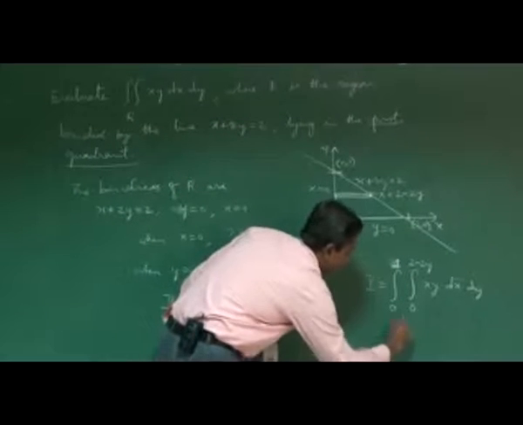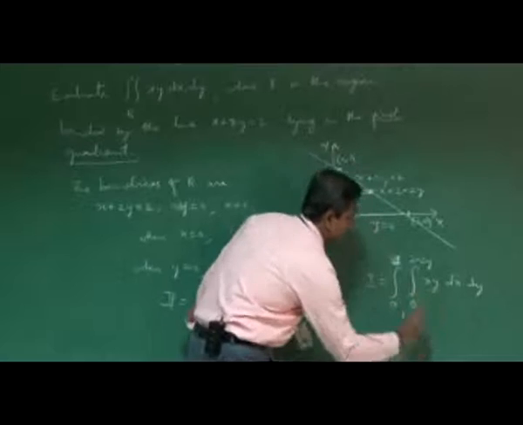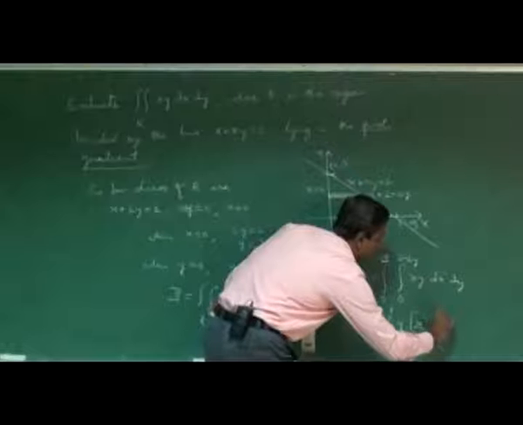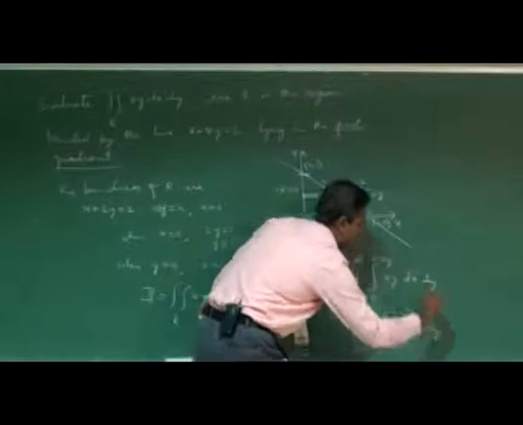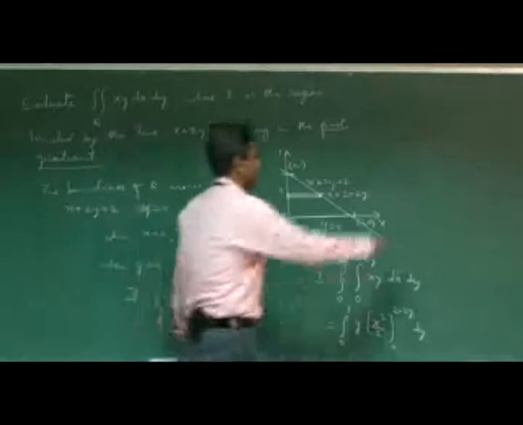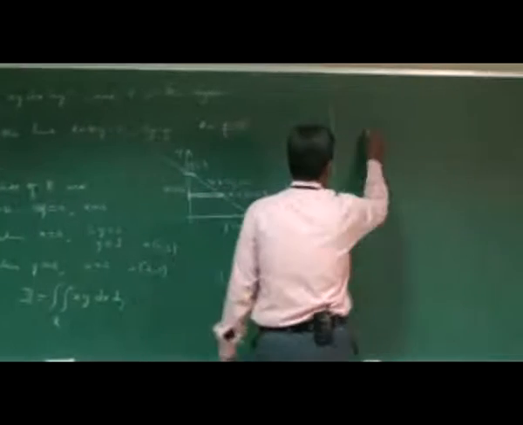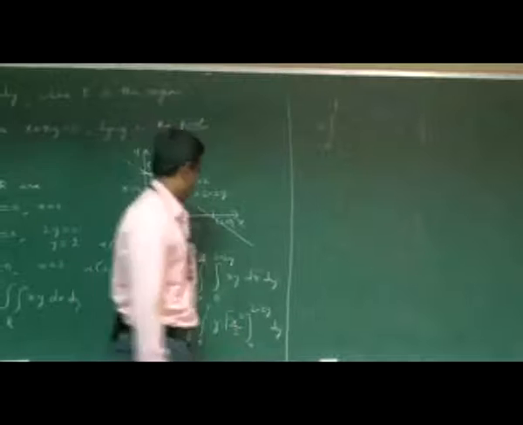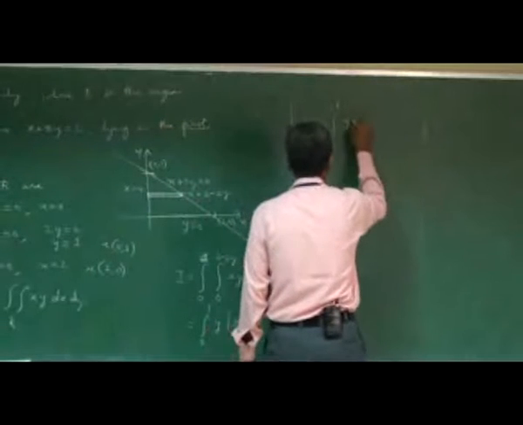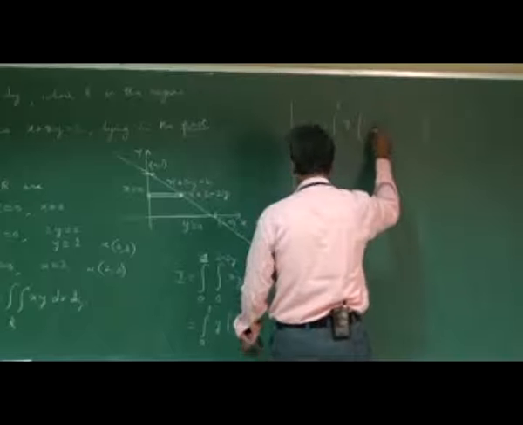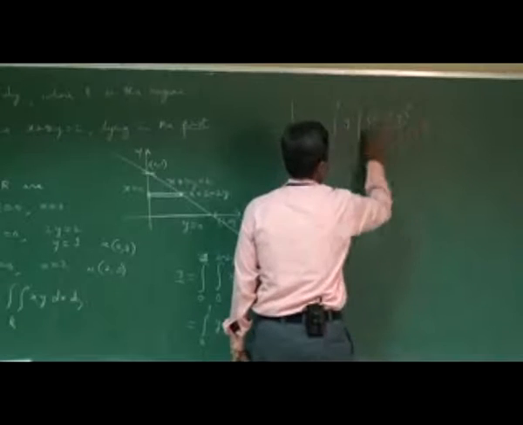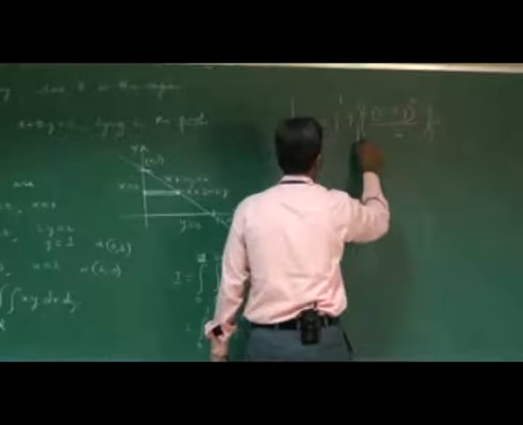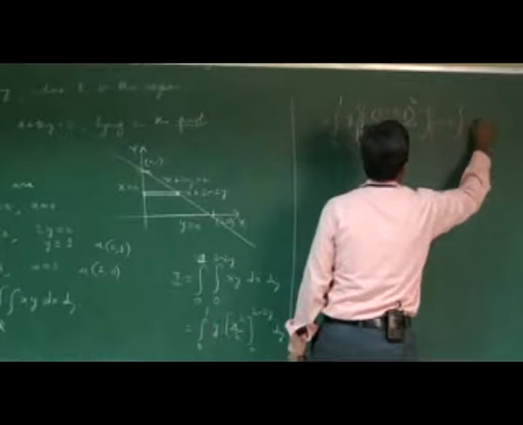Now first we take the integration with respect to x, treating y as a constant, and integrating x gives x squared divided by 2, with limits from 0 to 2 minus 2y, and the second integration is dy. That is equal to the integral from 0 to 1, substituting the limits of x, y into 2 minus 2y whole squared divided by 2, and the lower limit is 0, dy.